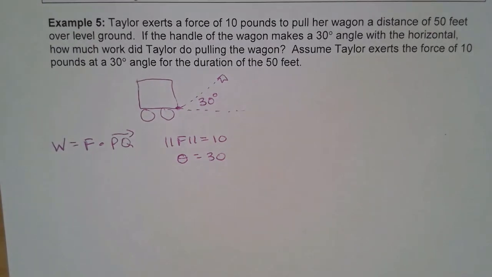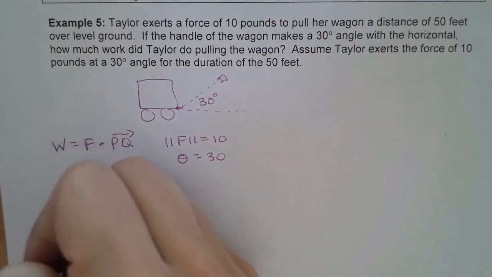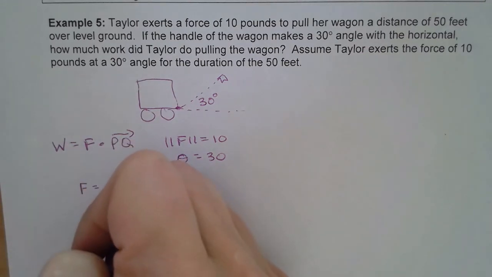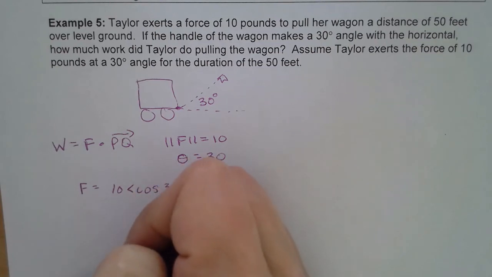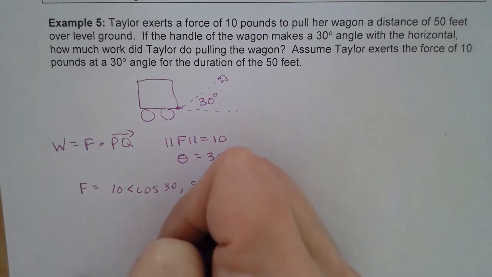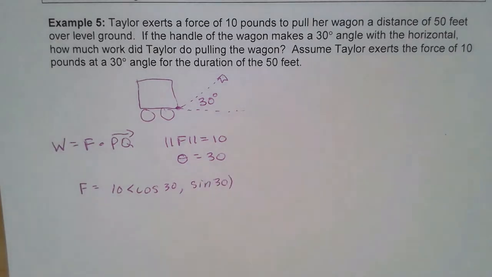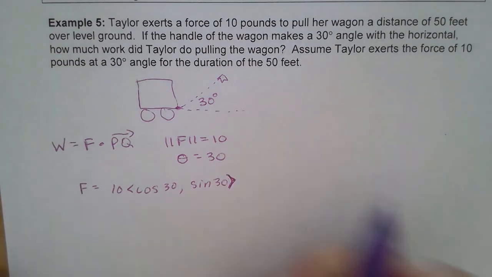If we want to use vectors, you need to remember that to find vector f, it's our magnitude times cosine of theta, sine of theta. And luckily here we can use our unit circle. Don't forget though, guys, we are in degrees and not radians.